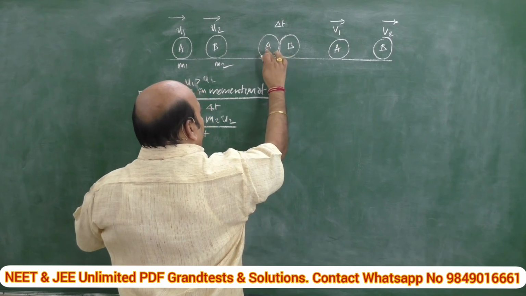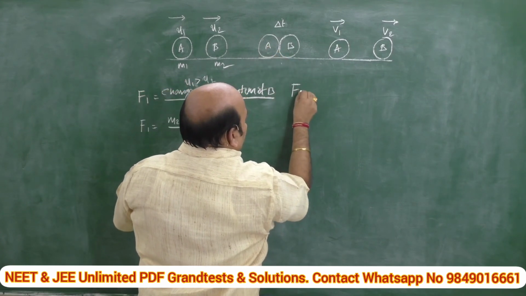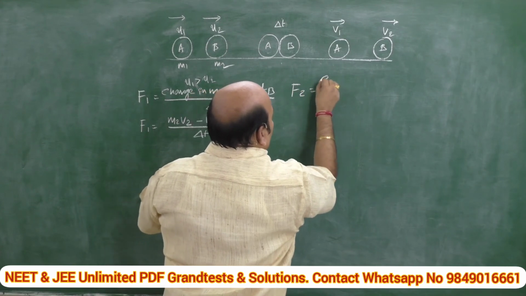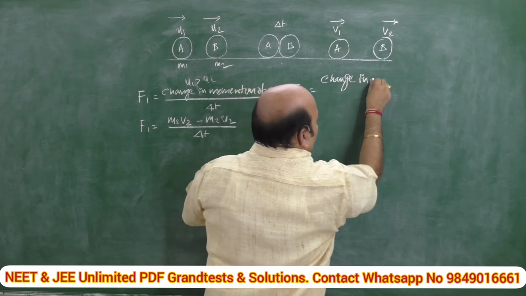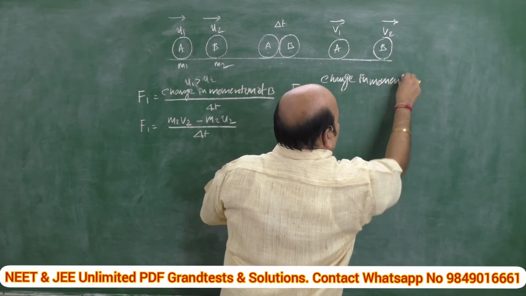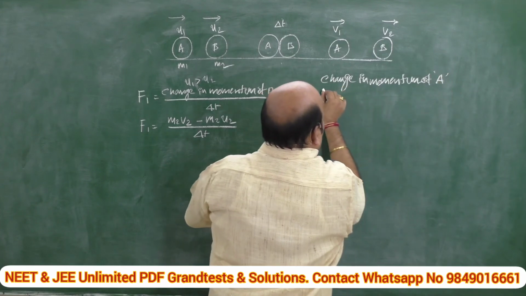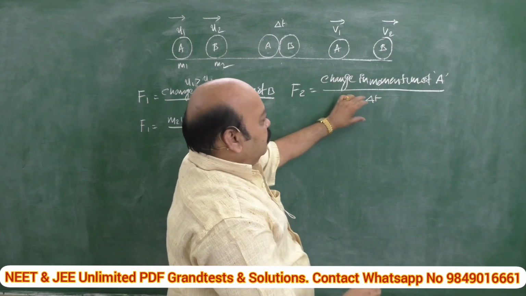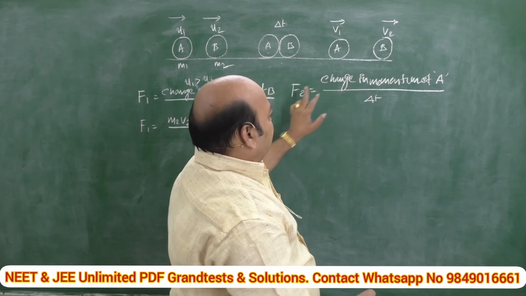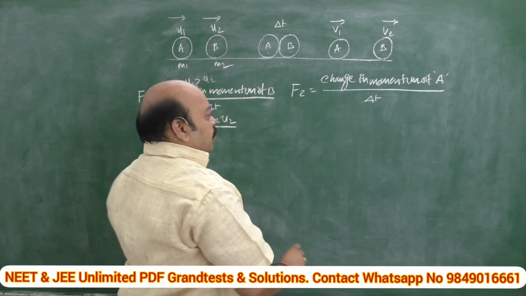Now see, what is the force exerted by B on A? This is nothing but F2. F2 is nothing but, can you guess? Change in momentum of A by the time of contact, because this quantity gives rate of change of momentum, which is equal to force according to Newton's second law.